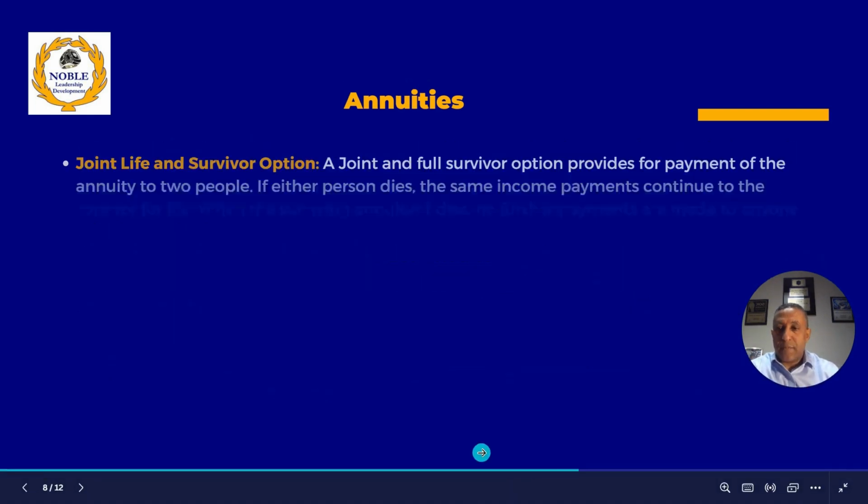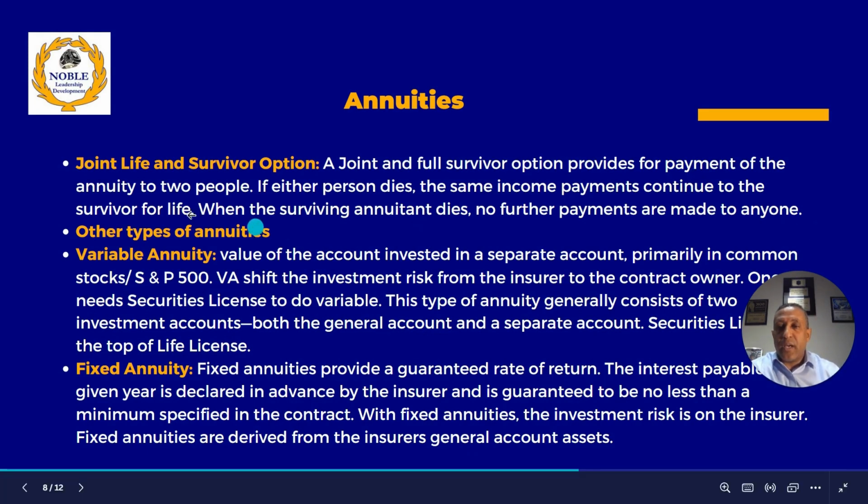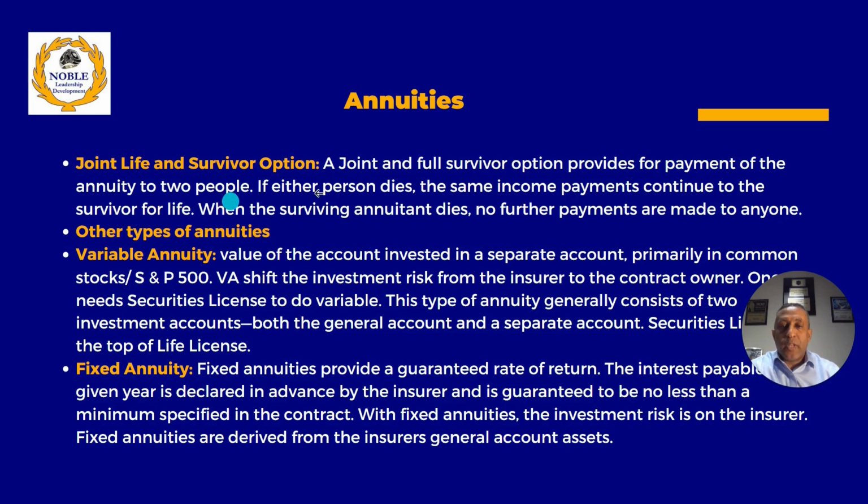Then there's a joint life and survivor option, which provides a payment for the annuity to two people. If either person dies, the same income payment continues to the survivor for life. When the surviving annuitant dies, no further payments are made to anyone. So it's last to die: until both of them die, the payment continues. If you see survivor, it's last to die. If you just see joint only, it's first to die.